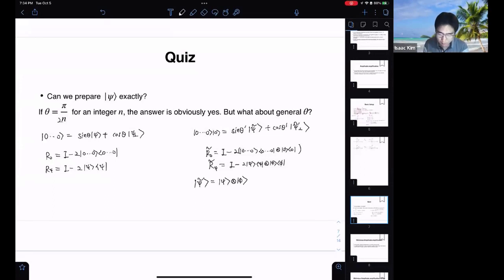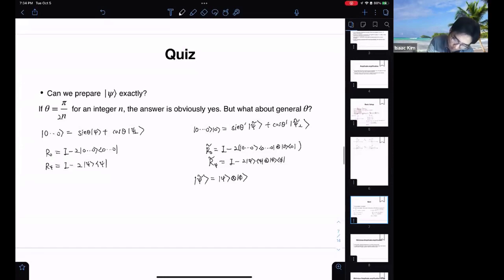Okay, and the thing is, you can verify that sine theta prime is actually equal to sine theta times the overlap of this phi state with the zero state.